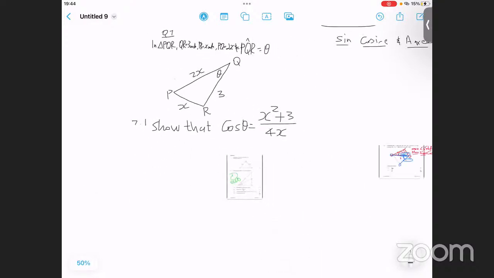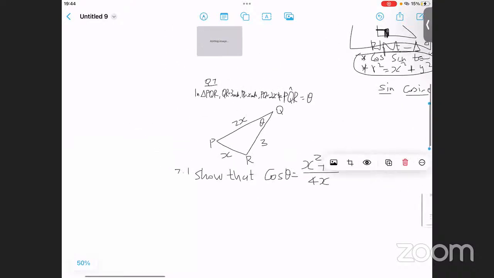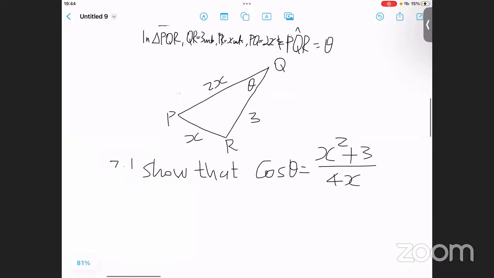Yes, that is the first question. Maybe let me move this one to create some space there. That one is question number 7.1.